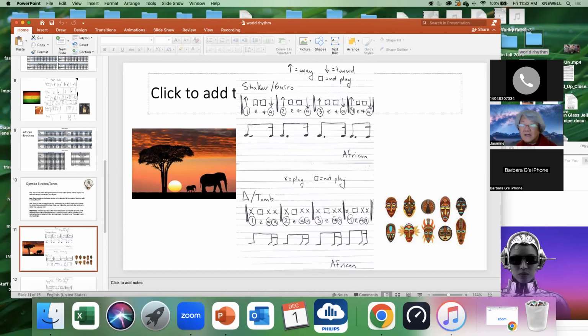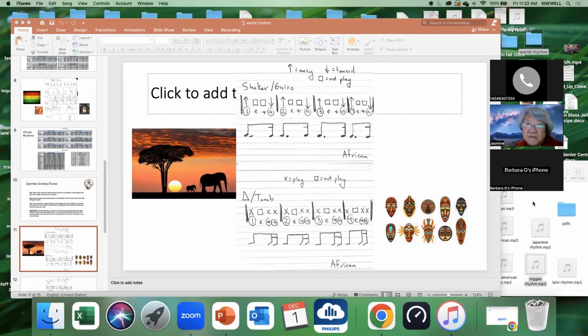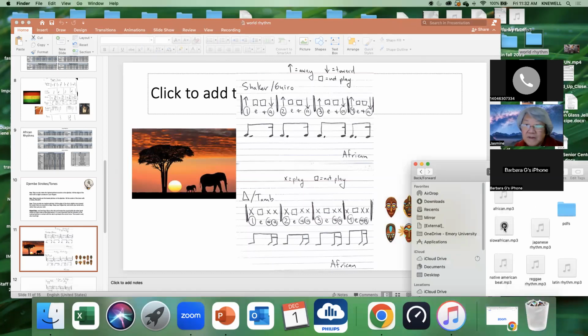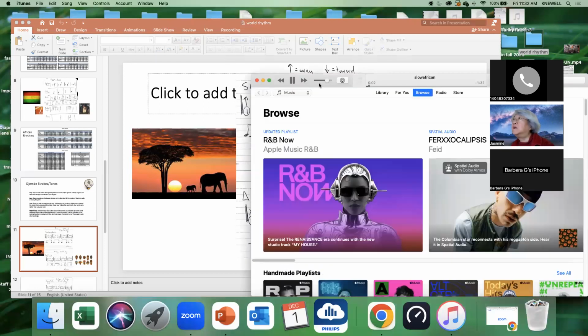This could be the shaker or the güiro. And just to listen to this one a bit, let me open it up. I'm going to do the slow version. Got to give it a second to load up. Come on. Oh, here we go.